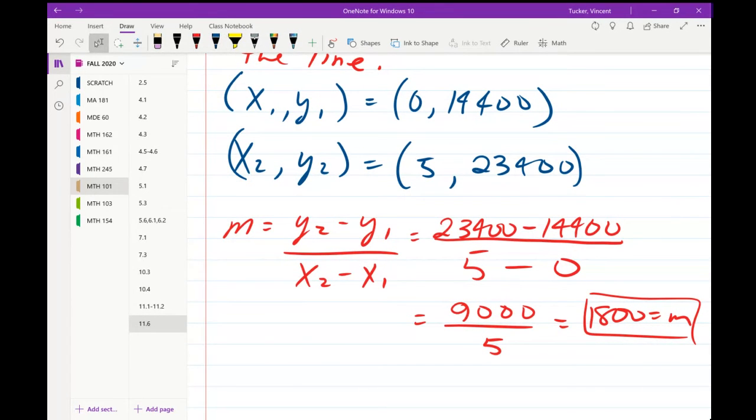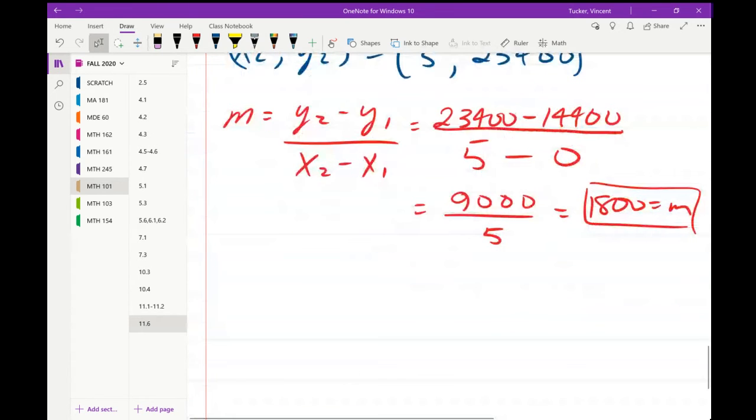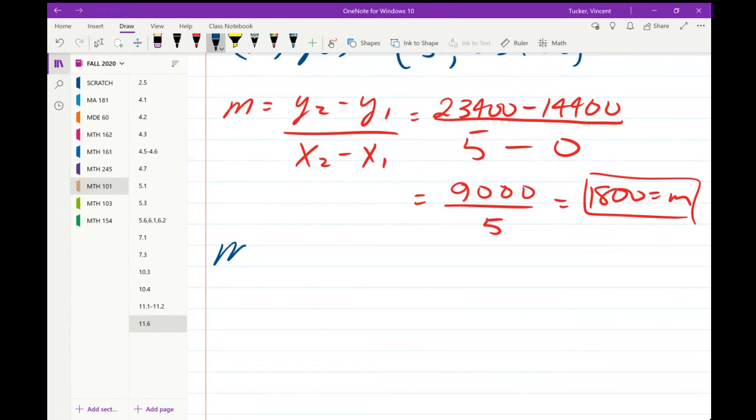So before we go to the equation part, questions? All right, so that means our slope is 1,800.